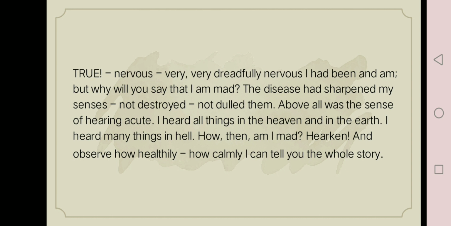But why will you say that I am mad? The disease had sharpened my senses, not destroyed, not dulled them. Above all was the sense of hearing acute. I heard all things in the heaven and in the earth. I heard many things in hell. How then am I mad? Hearken, and observe how healthily, how calmly I can tell you the whole story."